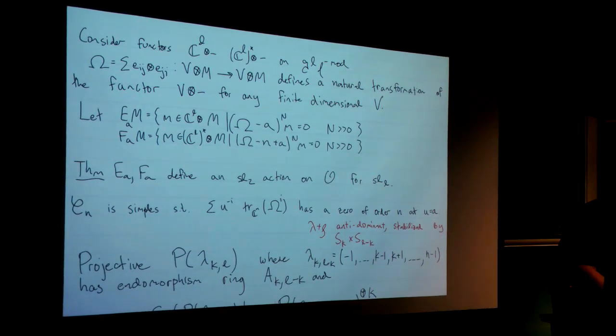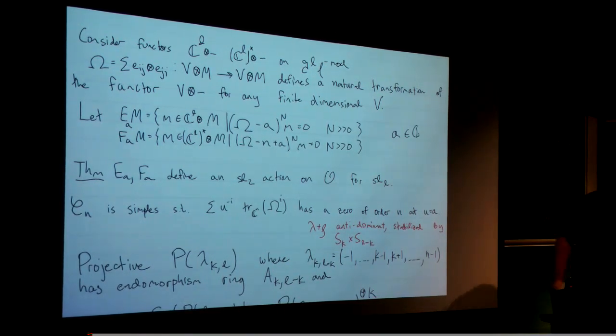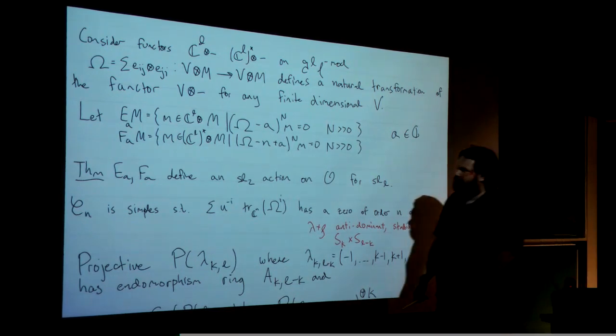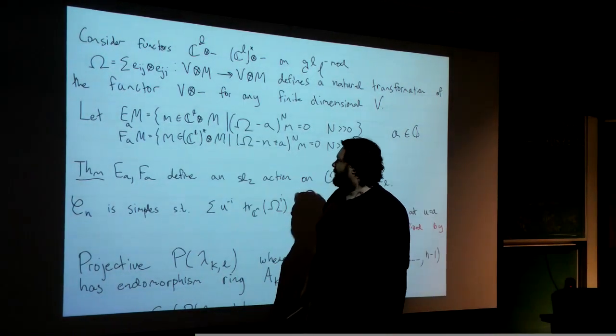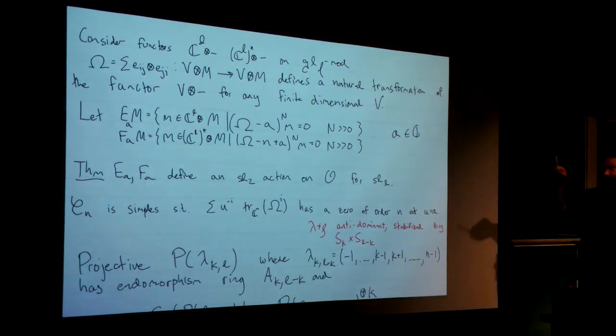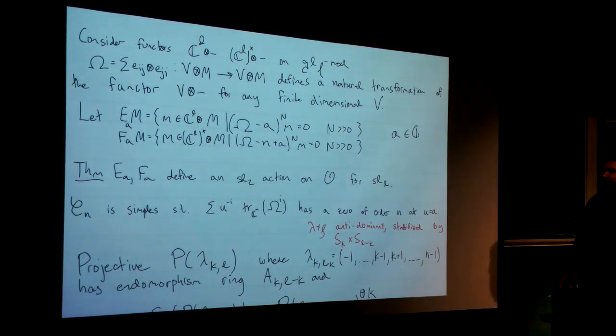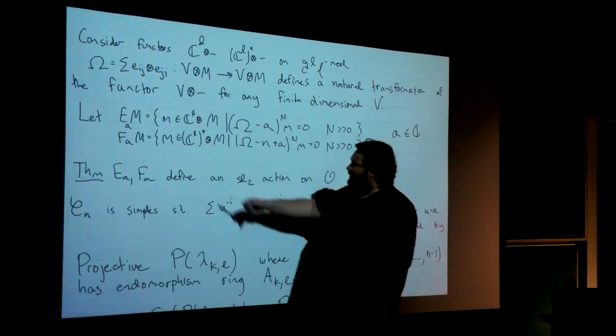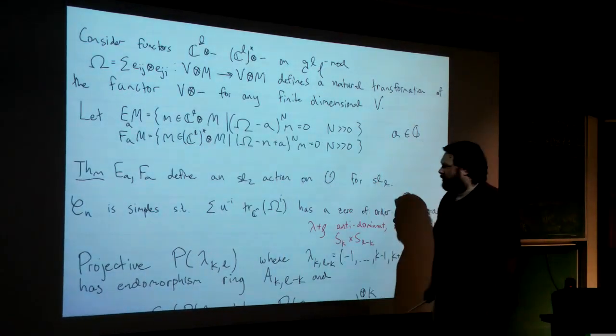And for any complex number a, I can look at the tensor product with the natural representation and look at the generalized eigenspace for a of this Omega. On the other hand, I can tensor with the dual of the natural representation.